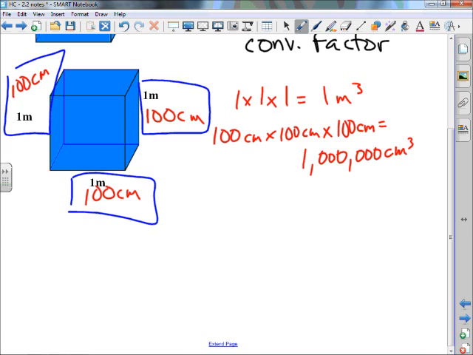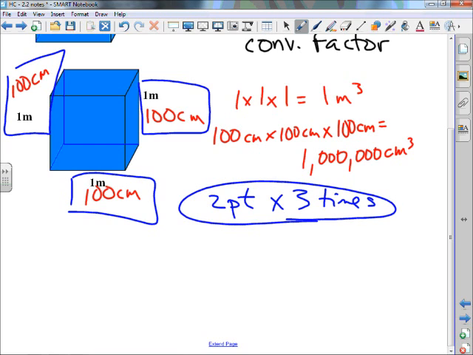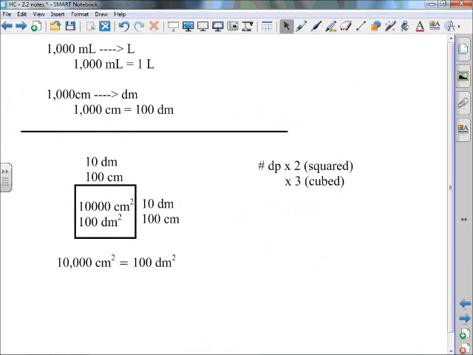So because it's cubed, we really moved 2 decimal points 3 times. So it's truly 6 decimal points that are involved in a calculation like this. I will just leave this screen up here, again, just as a reminder.